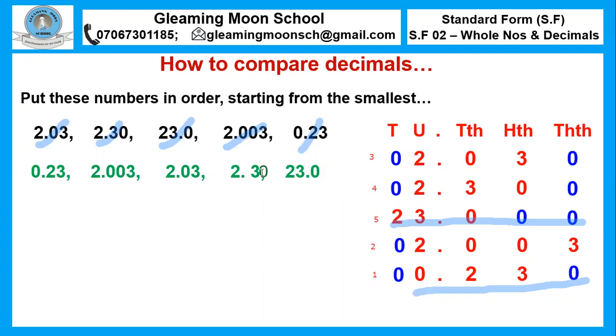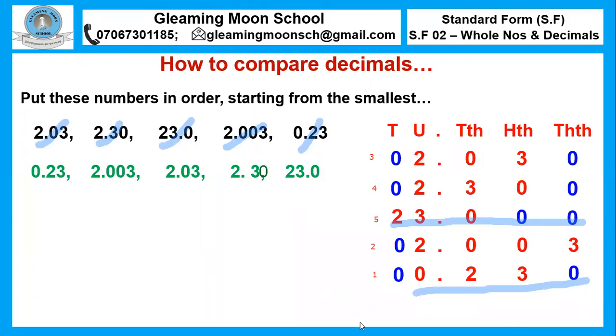So 2.30 and then 23. Okay, so you can see that we have ordered our numbers. We don't need these blue zeros. They are just placeholders. They are not part of the numbers that we've been given. We only use them to be able to see what we are doing.